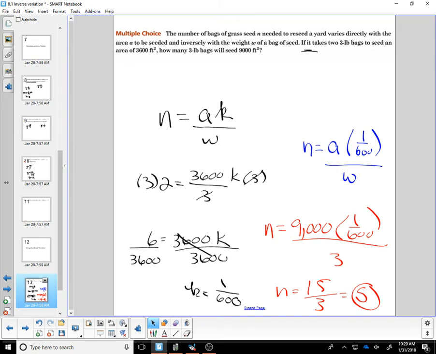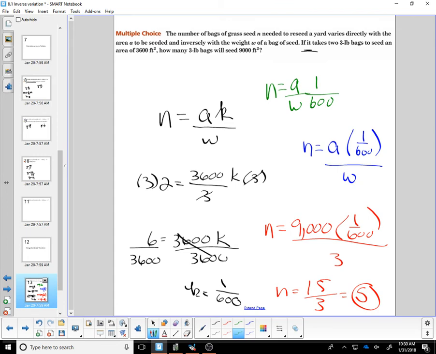Now I want to point something out. Remember I said that you always throw K on top? In this case, K turned out to be a fraction. So I'm just going to write this in green. You could have done this as well: A over W, because K was a fraction, you could still write it as such.